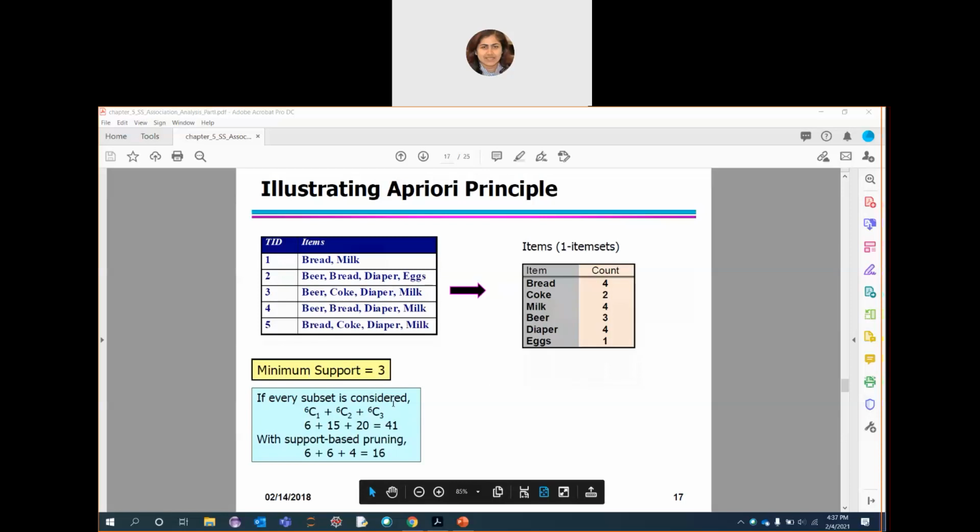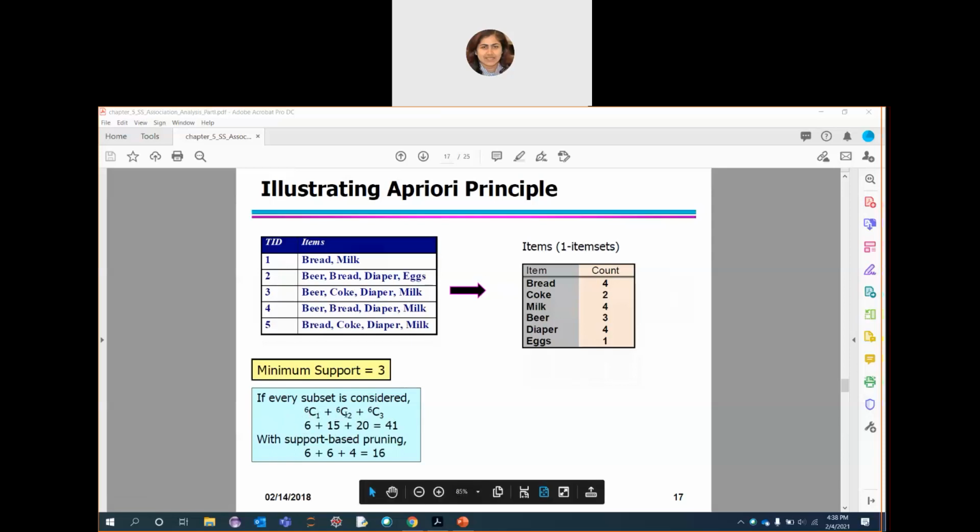Here, see, before pruning, if every subset is considered, this is a one item set, correct? Like this, we can make 2 item sets, 3 item sets also from this whole transaction. So in each step, what is the combination of items to be generated? Total possible one item sets, including the 6 items, will be 6.